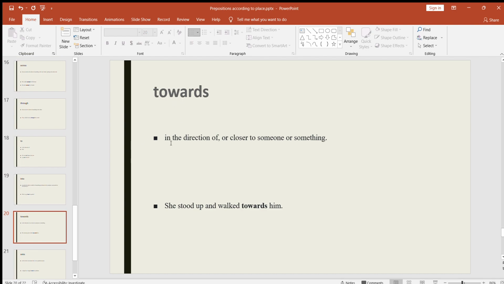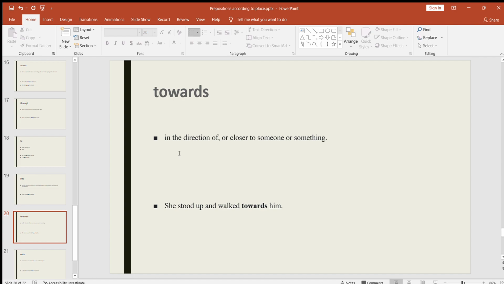Next one, towards. Also in the direction of or closer to someone or something, but not the direct direction. We use to for the direct direction, but towards we don't use for the direct direction. So here, for example, I say I'm going towards this side. Now this side has many places, maybe a cinema, a shopping center, a school, an academy or a university.